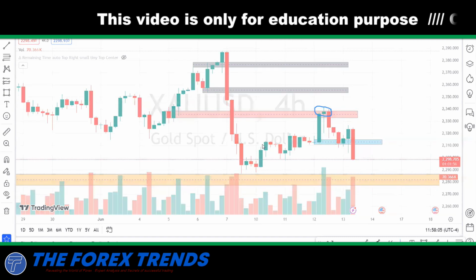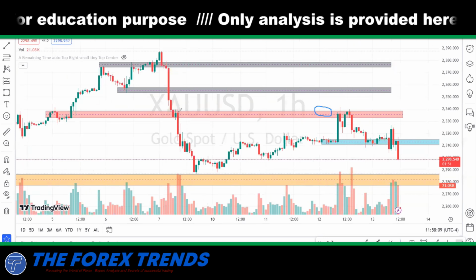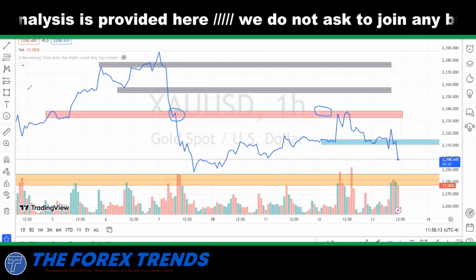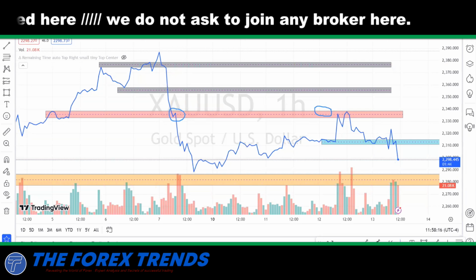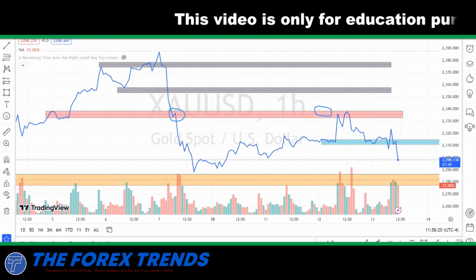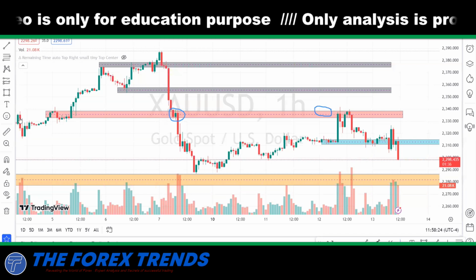If you want to look, there was a flag pattern. It is a flag pattern. Okay, and how nicely it worked. So let me delete the drawing.